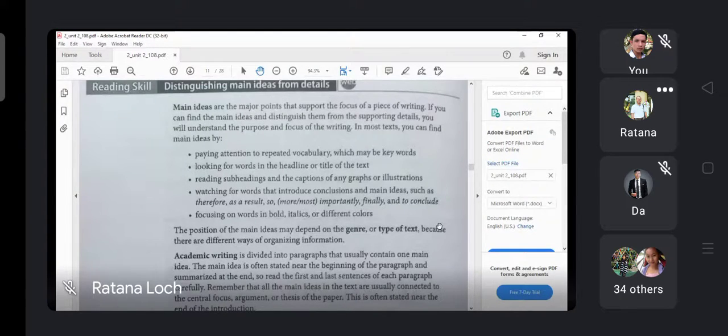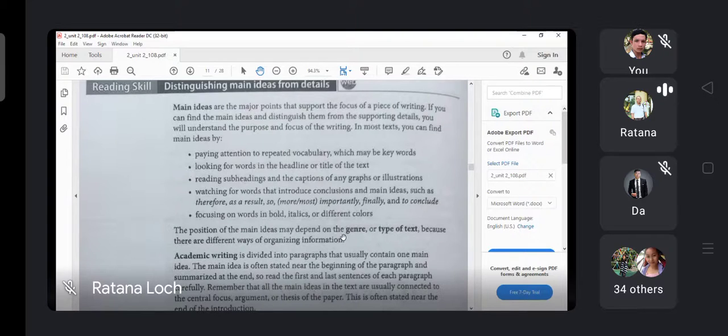So these are the words that show the conclusion. Some writings might not use "in conclusion" or "to sum up." They use other words, but those words show the same meaning as conclusion.